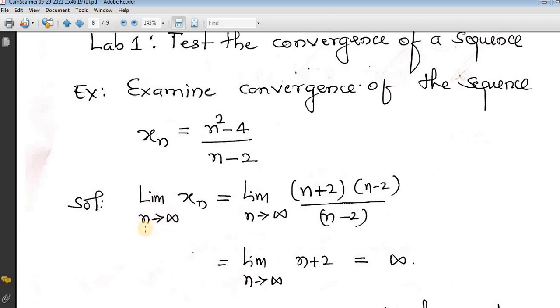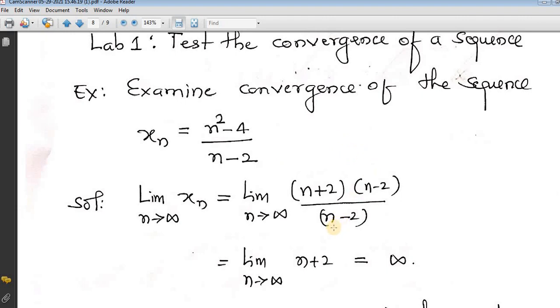See, limit as n tends to infinity xn, limit as n tends to infinity, this n square minus 4 is nothing but n square minus 2 square, a square minus b square. So n plus 2, n minus 2, and denominator is n minus 2. Why am I splitting this? Suppose I substitute n equal to infinity here only, I am getting infinity by infinity, so that is nothing but indeterminate form, so we cannot find the limit of the given sequence.